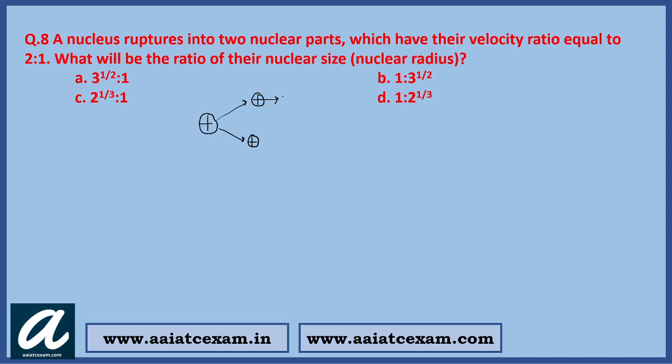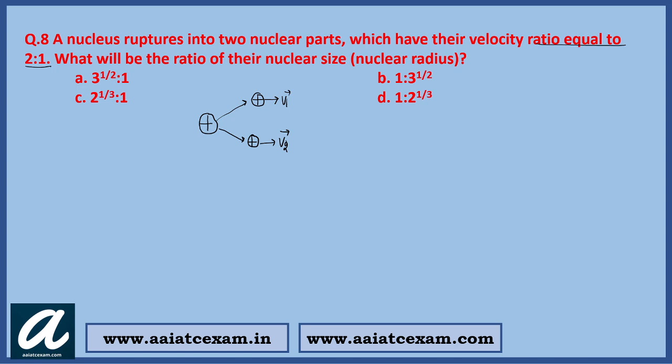Consider the velocity of the first fragment is v1 and the velocity of the second fragment is v2. Now students, it is given that they have their velocities ratio equal to 2:1. It is already given that the velocities ratio is 2:1. So v1 by v2 or v2 by v1 should be equal to 2:1.